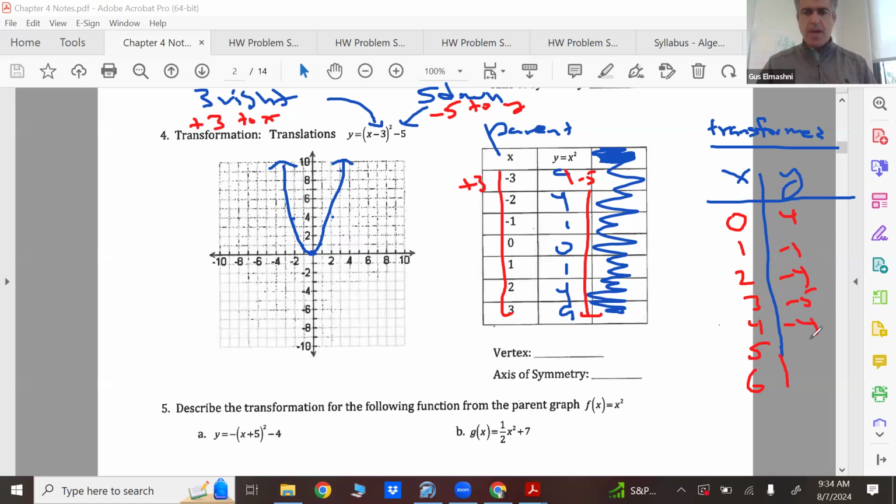It's all symmetrical too, as it should be. -1 and 4. So I plot those. Sorry, I lied. I just have 0, 4. I don't know why I said that. 1, -1, 2, -4, 3, -5 is my new vertex. That's what I meant to say, because it's all about symmetry.